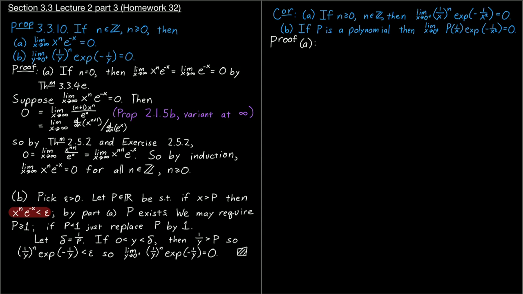So let's consider this function, exp 1 over x minus 1 over x squared. And I'll point out to you that this thing up here, 1 over x to the n times exp of minus 1 over x squared, that's the thing we know how to deal with.